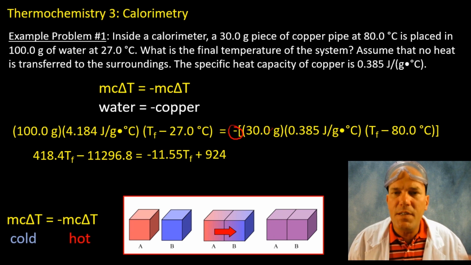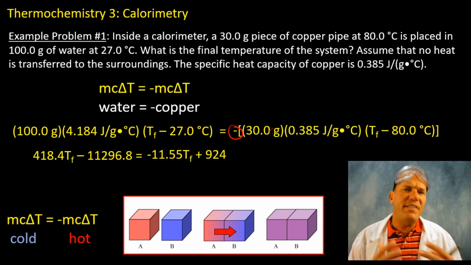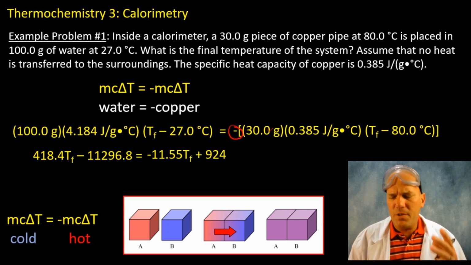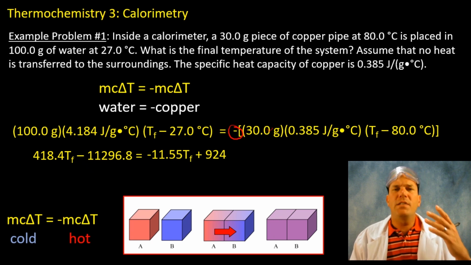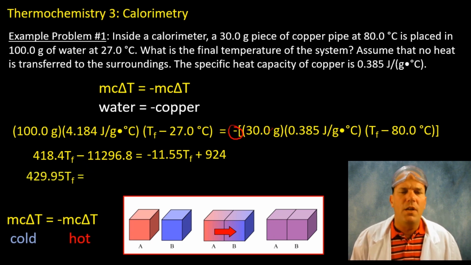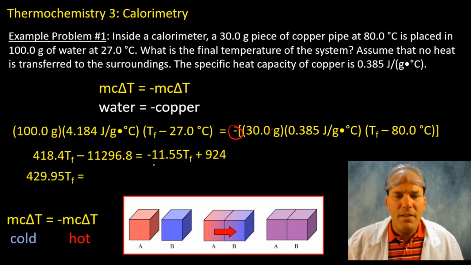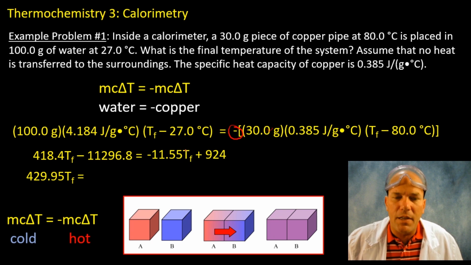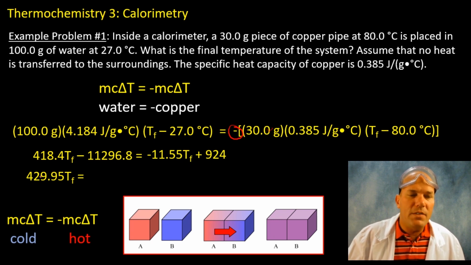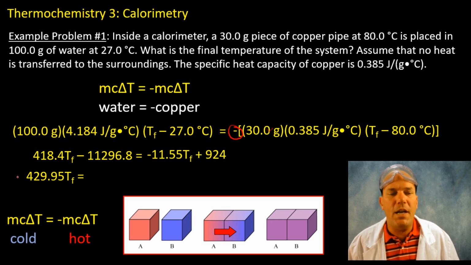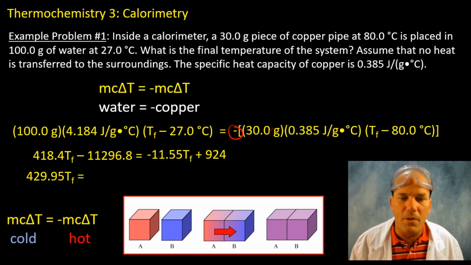Now it's simply a matter of solving for temperature final. So to solve for temperature final, you're going to add 11.55 T final to both sides of the equation. That gets rid of this. That brings the left side to 429.95 T final.